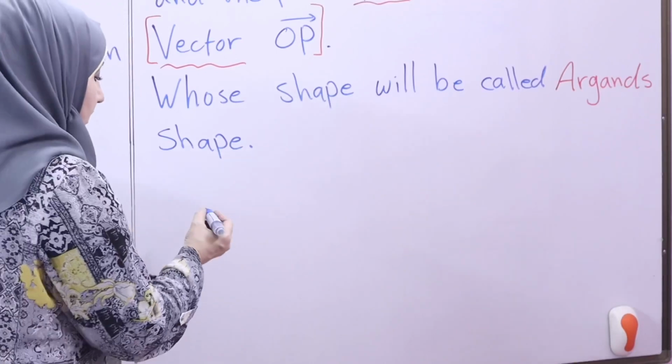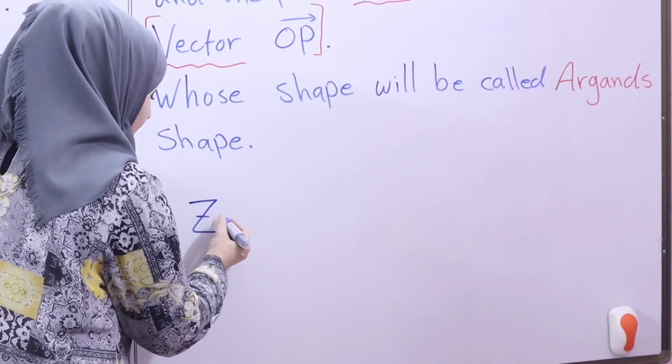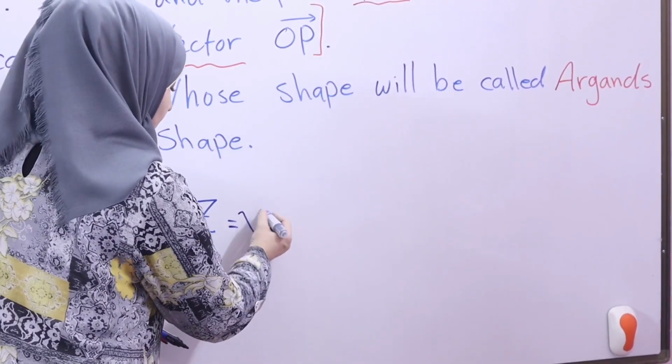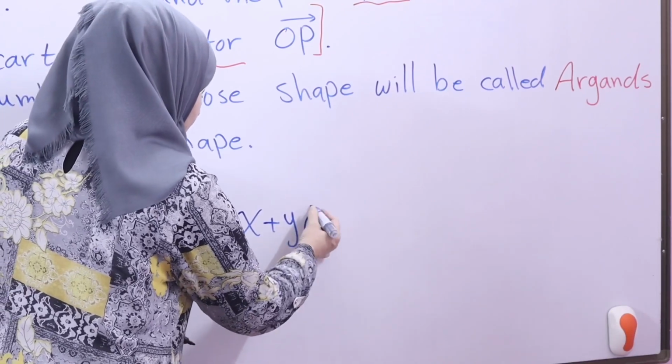That means the representation of the complex number Z equal X plus Y I.